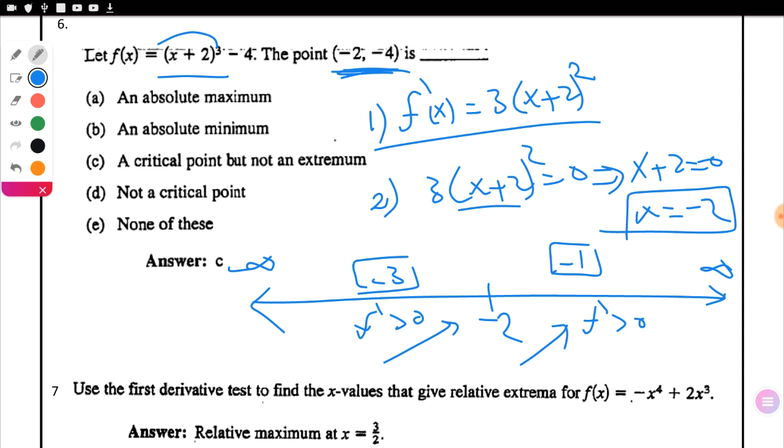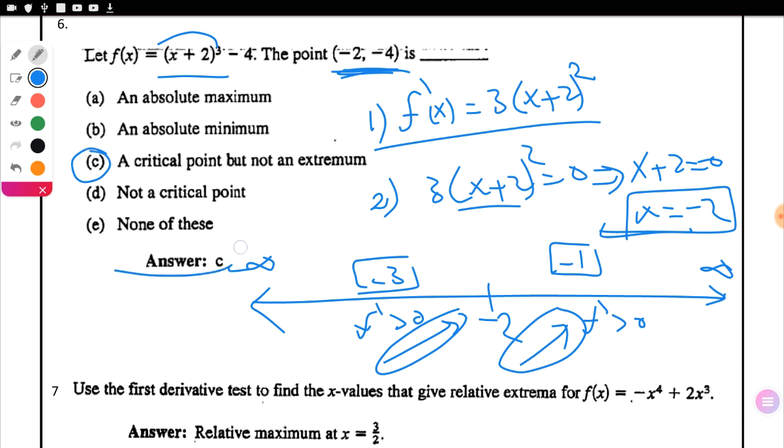But the behavior of the function does not change, because around x equals negative 2 the behavior of the function is still the same, increasing. So it is a critical number, but not an extrema. Critical number because it is the value of x at which the first derivative equals 0. But since the behavior of the function does not change, it will not be an extrema.